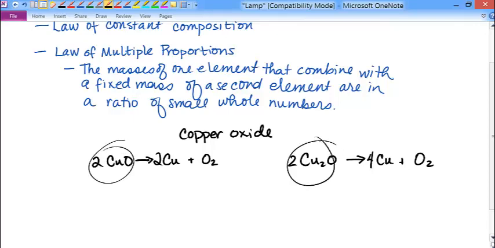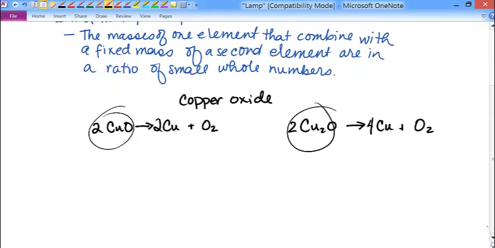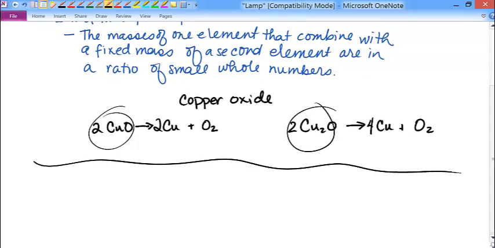It's about looking at two or more compounds that have the same elements in them, but they are different compounds. So let's say that we did a lab.